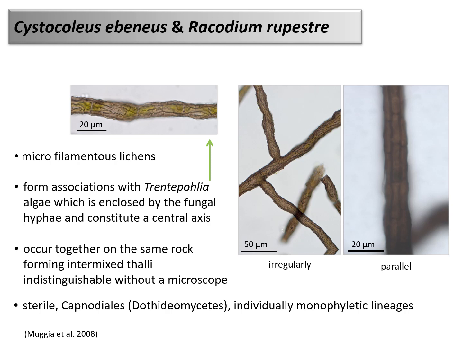They were studied many years ago by me and by other colleagues, and they are very peculiar because in this symbiosis the fungus develops its hyphae along the filaments of Trentepohlia. Trentepohlia is a filamentous green alga, and the fungus completely encloses the filaments of the alga. The alga is the central axis of the lichen thallus.